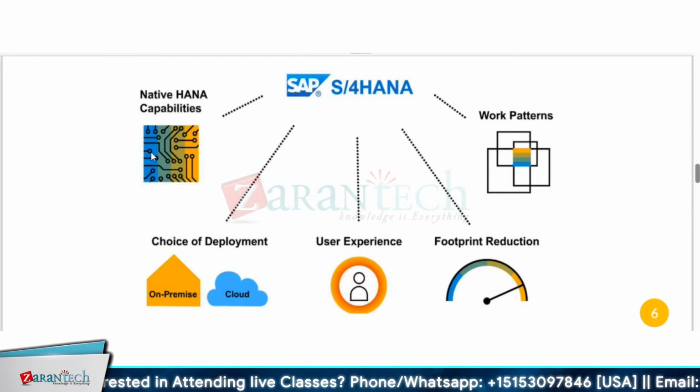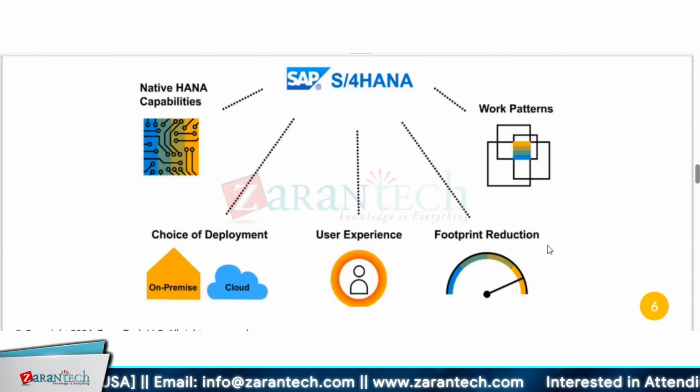That is the kind of capability it was offering. There was a user experience with the Fiori app coming into the picture. It became more user friendly with the reporting aspects. We could see bar diagrams, pie charts, and all those things in reporting, and the work pattern was also introduced and improved a lot.